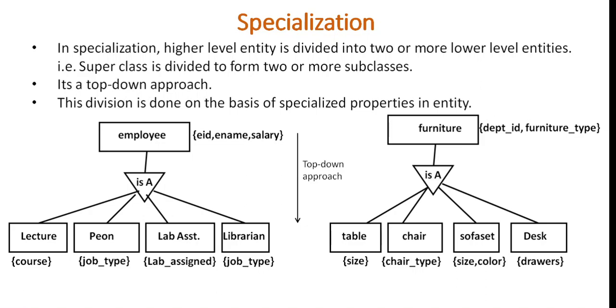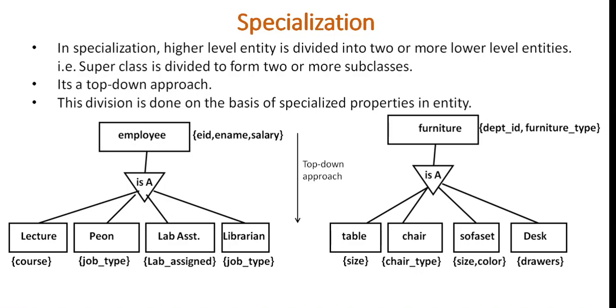When we say employee is a peon, then the peon is not teaching any course, not handling any lab, and not issuing books to the students. So peon has another job nature, and that job type can be an additional attribute for peon. That's why it is a specialized type of entity.